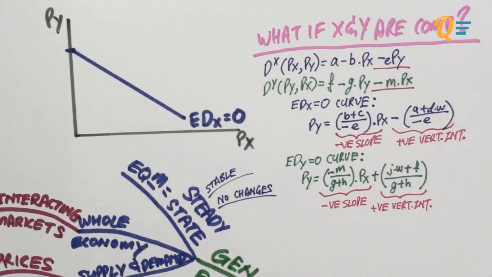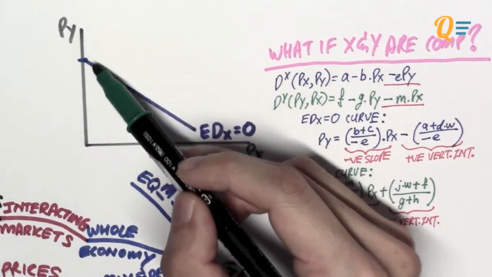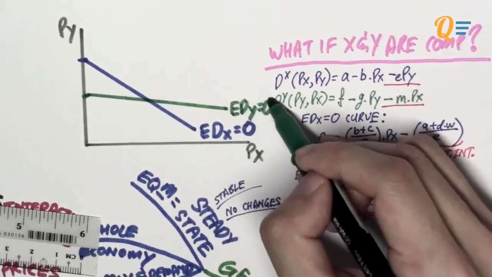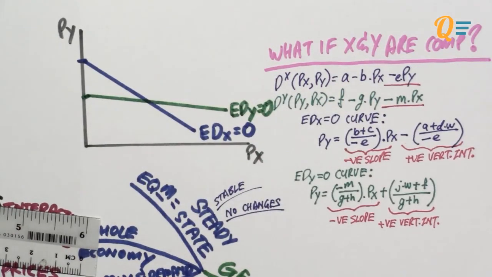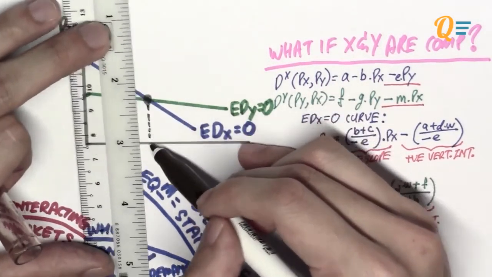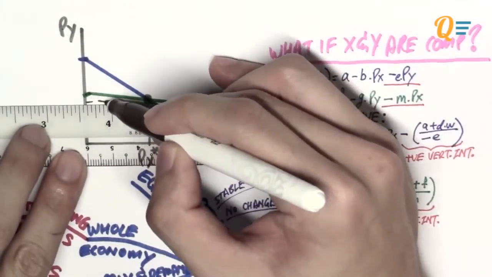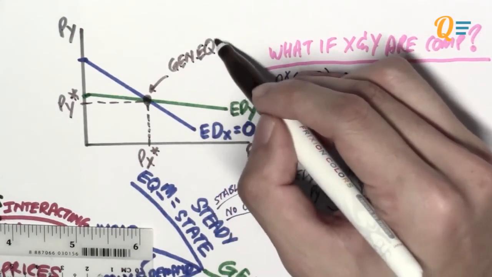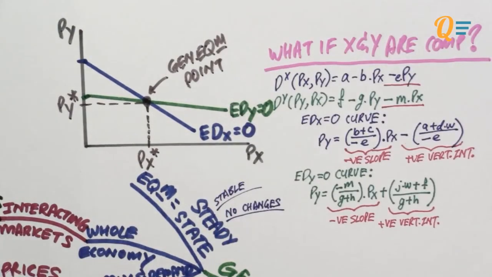So EDY equals 0 could start here, or it could start here. Let's just say that it starts here. So I draw a curve with a negative slope, and there I have it. This is the general equilibrium point for good x and good y when they are complements. So px star and py star will give me the general equilibrium.